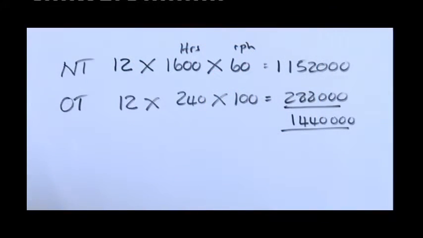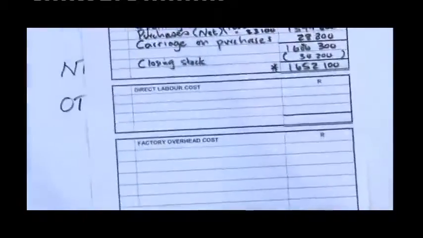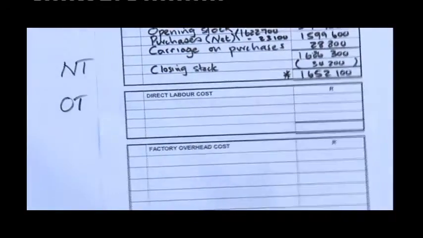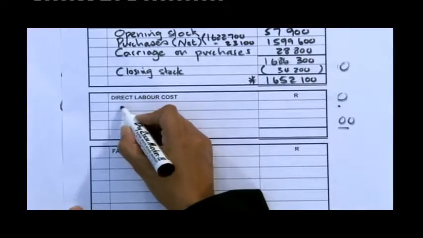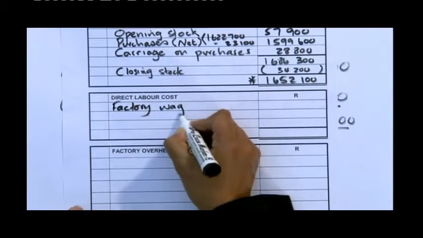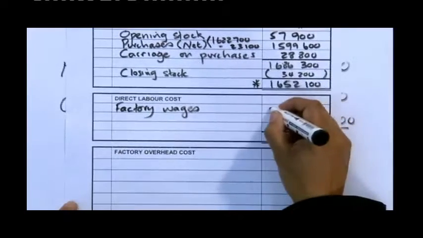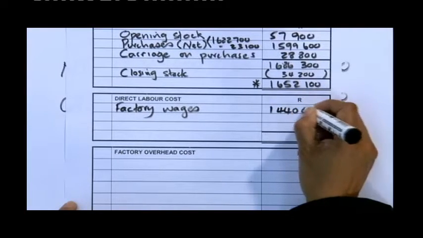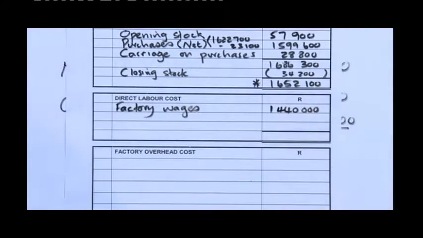So let's fill it in. Let me just get my answer sheet, sorry. Okay, so my factory wages as worked out is 1,440,000. Now they do say that there's UIF contributions, so I'm just going to look for that amount quickly.